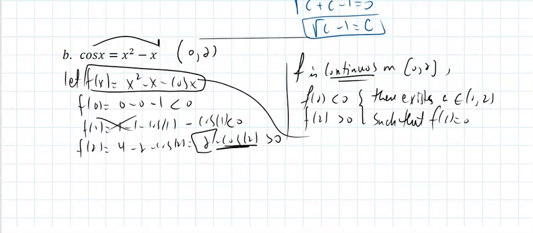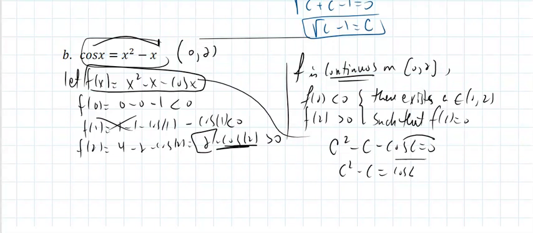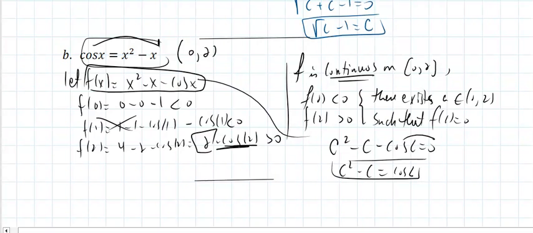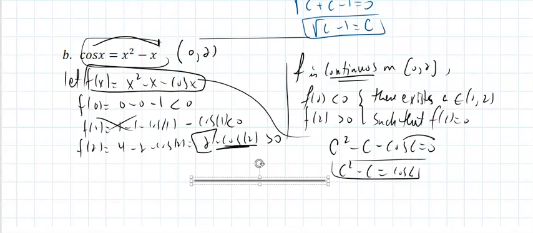What's f of c? That is c squared minus c minus cosine of c equals 0. And then you look at the original, you want that on one side, everything else on the other side. And that pretty much finishes the proof. And that's pretty much it. That's what the section is about.